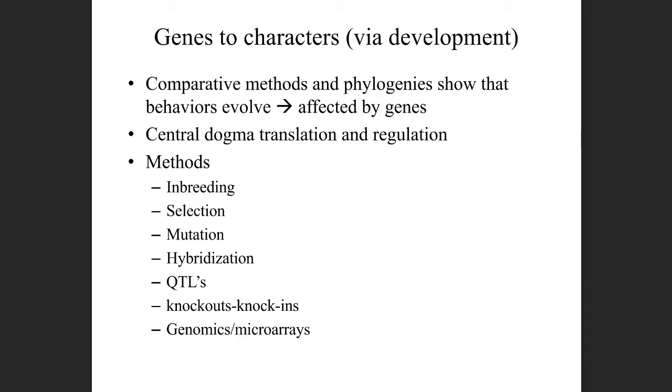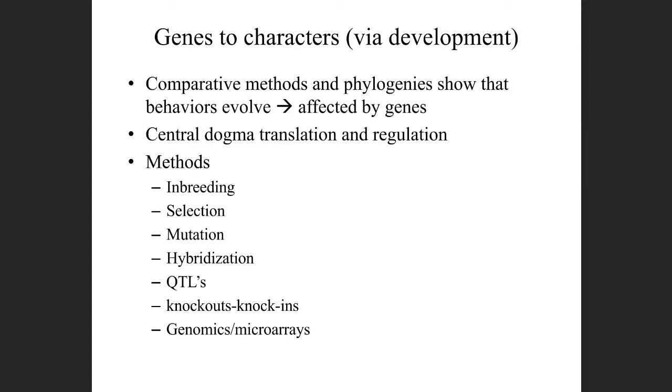Although those phylogenetic analyses can also show how behaviors are evolutionarily flexible. In other words, the whole point of comparative methods is to find out where similar traits evolved due to a selection pressure that we understand, not just because they descend from a common ancestor.